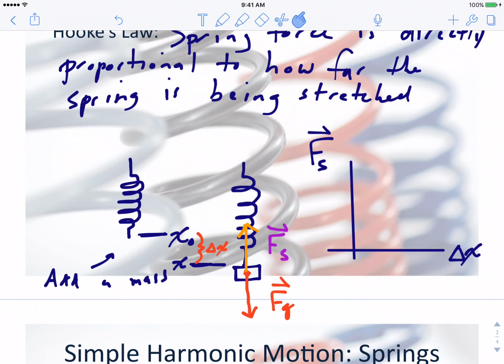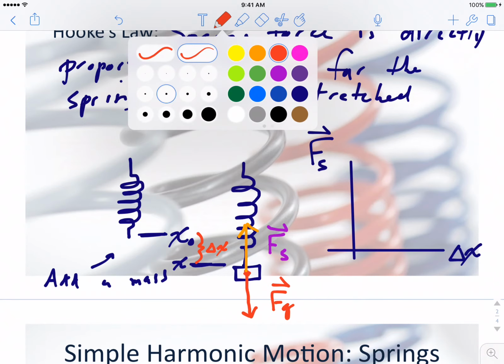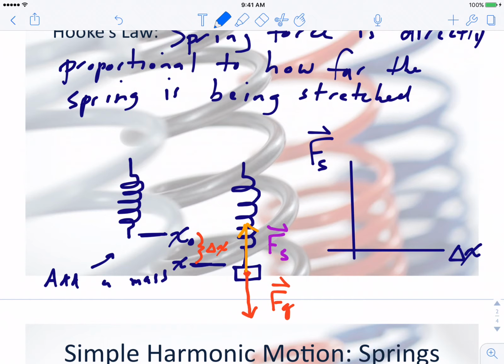So the more you stretch the spring out, the greater the force is going to get, but it turns out to be a linear relationship if you're dealing with what we call an ideal spring.